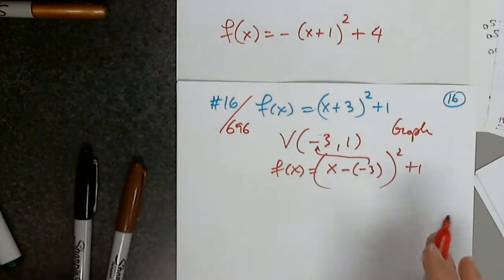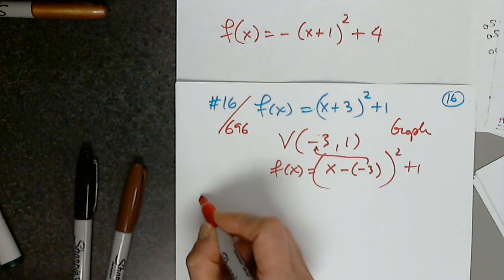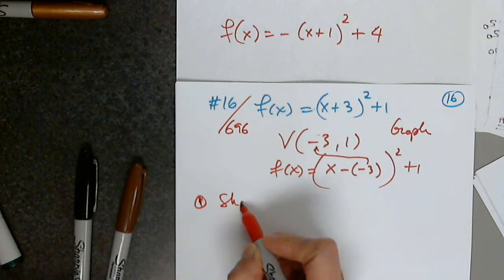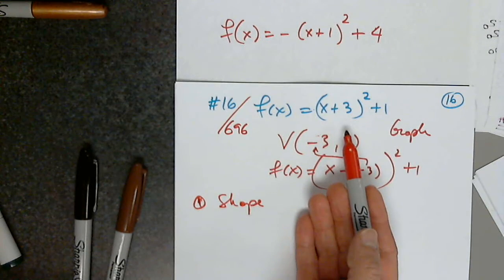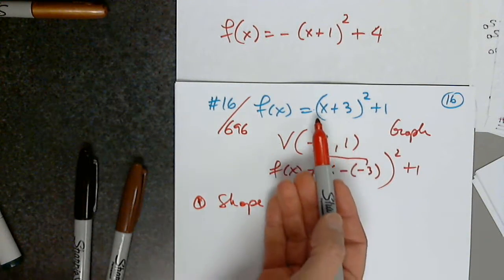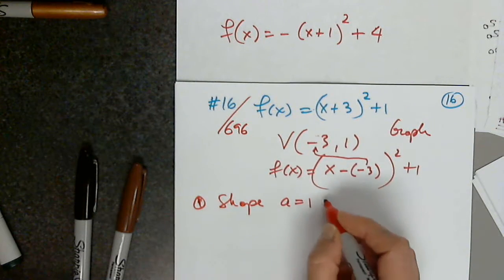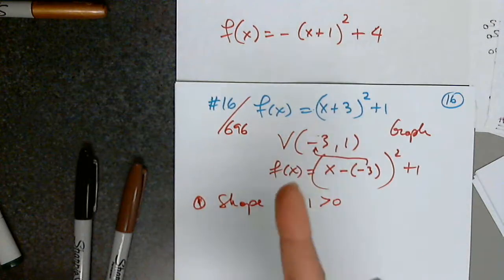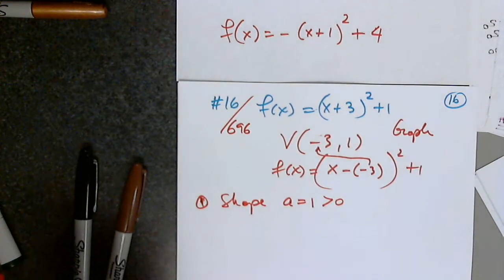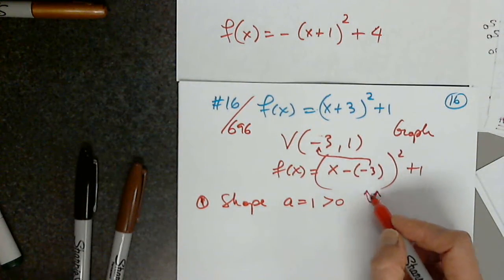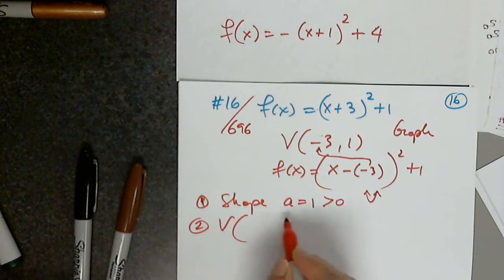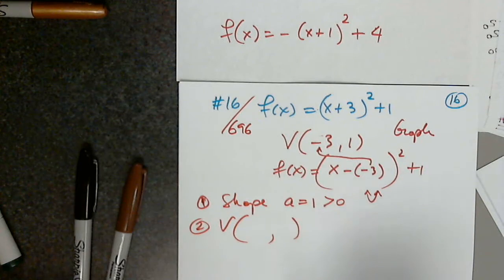Okay, so we go through the same steps. In step 1, we find the shape. What is the shape of this? The leading coefficient is still the same on the outside, so the leading coefficient is 1, greater than 0, so we will have a minimum. Now, with no effort, you can give me the vertex, which we already have.